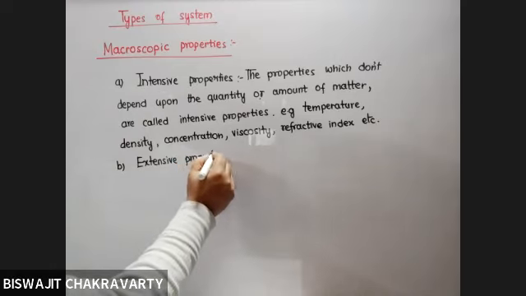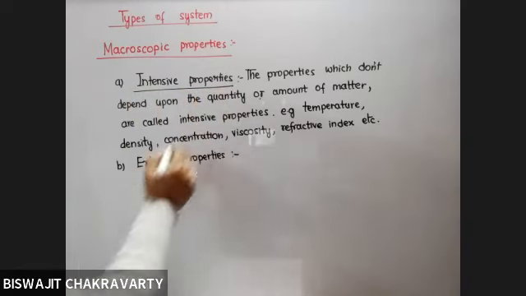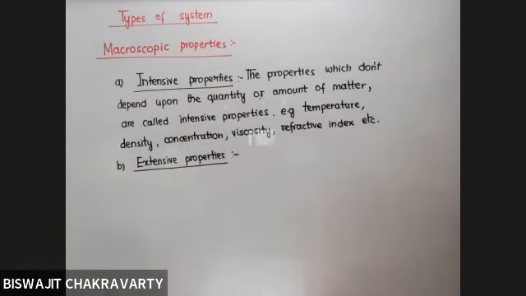Just imagine when we go to the market to do marketing, the cost of the things that we buy is intensive or extensive? Sir, it depends on the amount of things we buy. No, whatever you buy, does it ever happen that no matter whatever amount you are buying, the cost will remain the same?